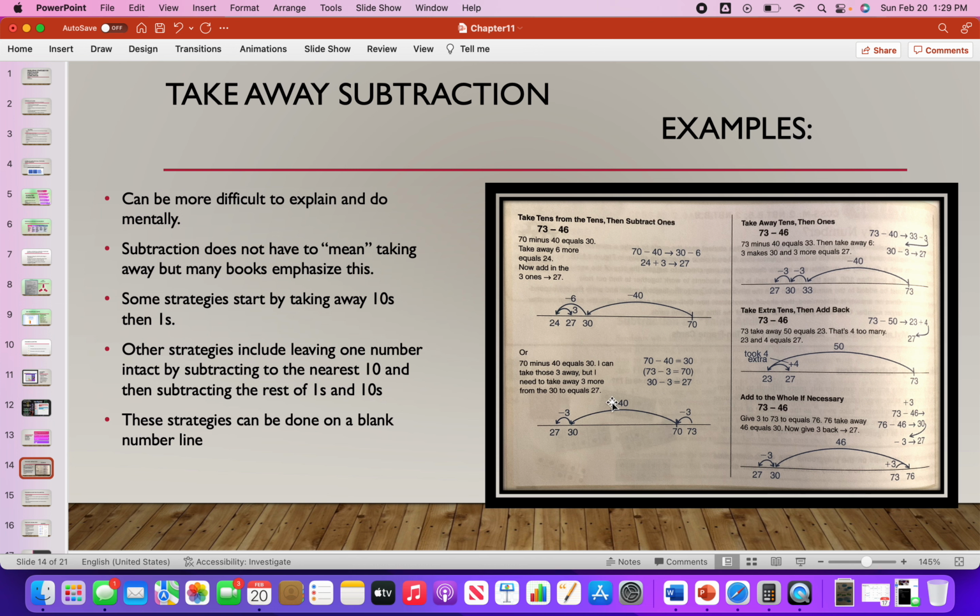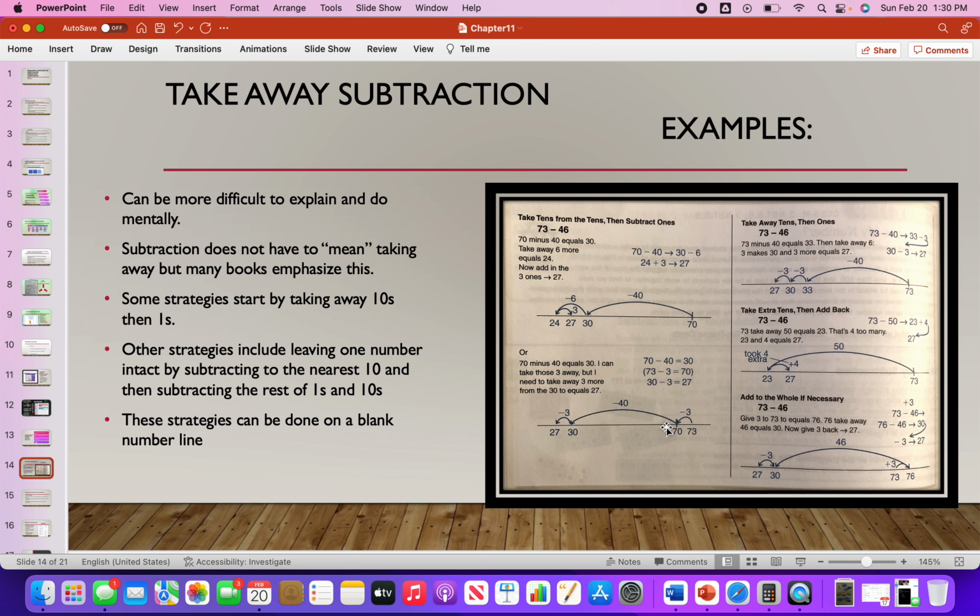It starts out with the take tens from tens and then subtracting ones. And then with these other models over here, they leave one number intact by not taking anything away from it. And then they use that number to take away from the next.